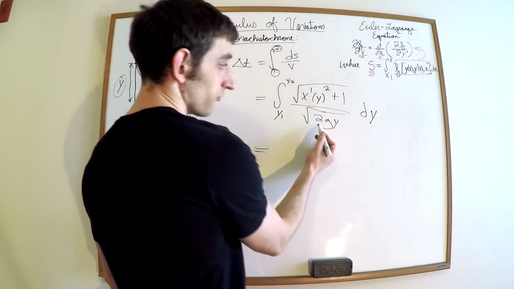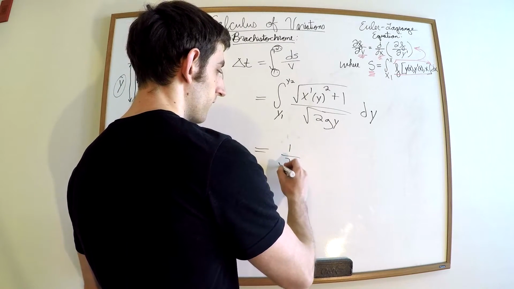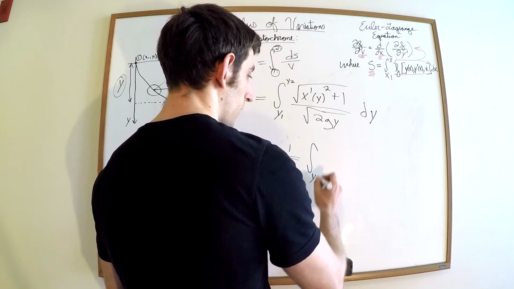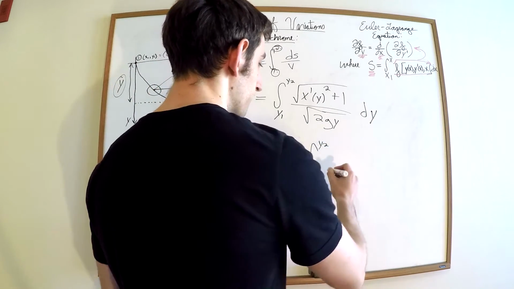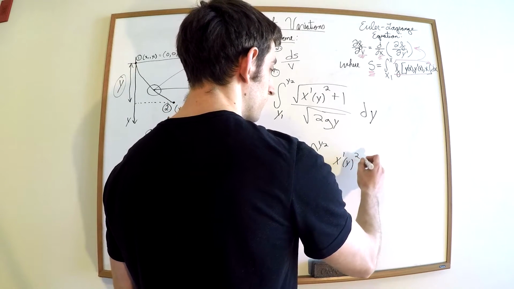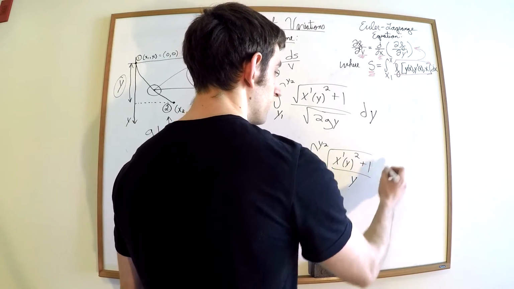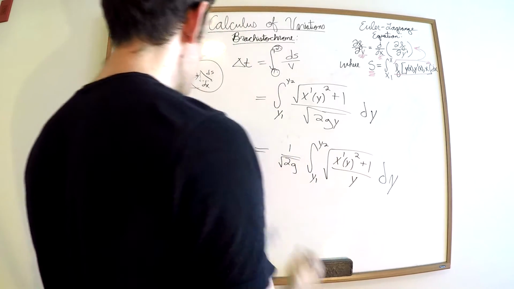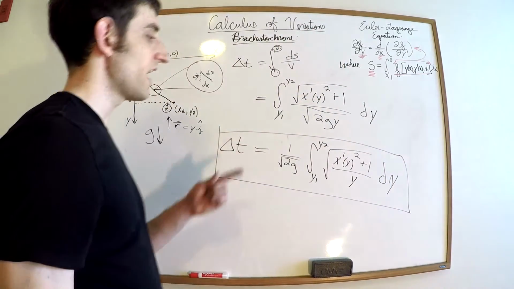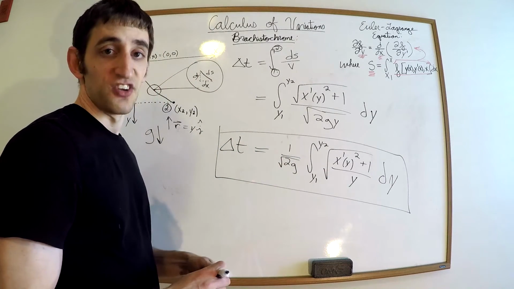We can take out the 1 over root 2g, since this is a constant, and then the integral from y1 to y2 of the square root of x prime sub y squared plus 1 over y. Bam, this is the guy we're going to use as our function now. We're going to minimize this guy, and then we're going to proceed from there.